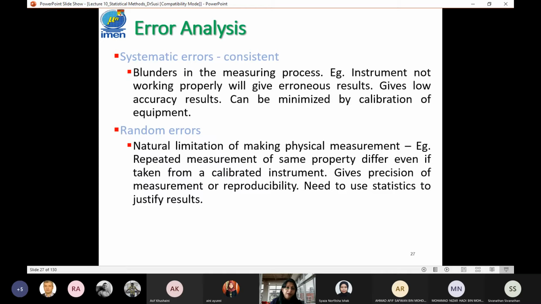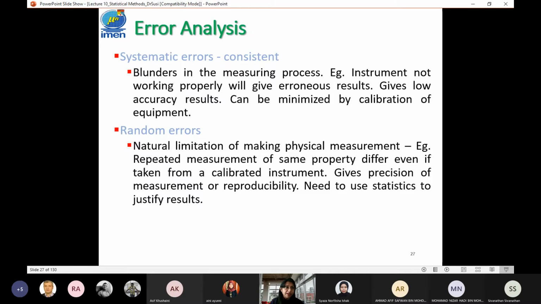Okay, besides that, you also need to know about random errors, which are a natural limitation of making physical measurements. For example, when you repeat a measurement a few times, you're not going to get the same value. That's why we have what we call the error, 0.5 plus minus 0.1 volts.